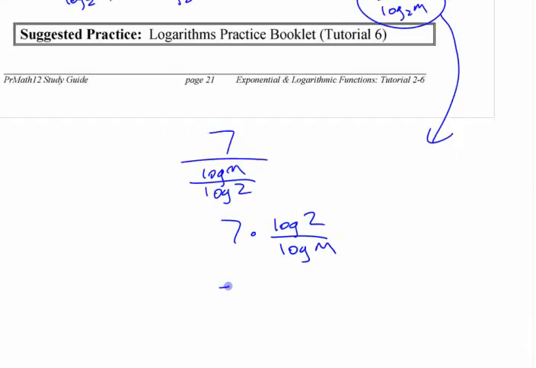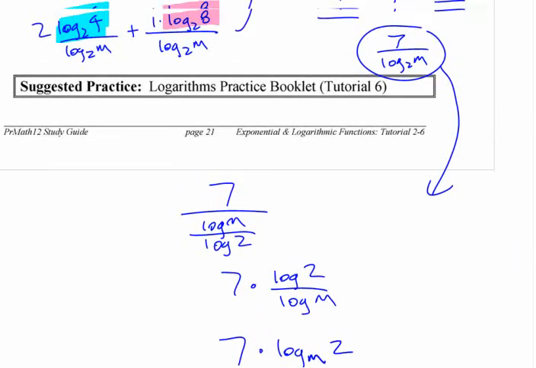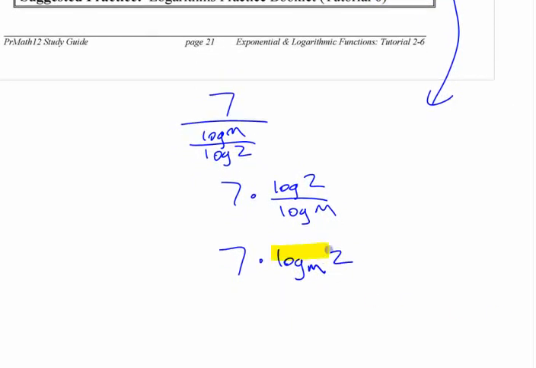Now how could you write that? 7 times, if you have this fraction here, what does the change of base rule say you could do there? Log base what of what? Log base m of 2. The reason I do that is not necessarily that there's anything wrong with this, but dividing by log base 2 of m is like multiplying by log base m of 2.